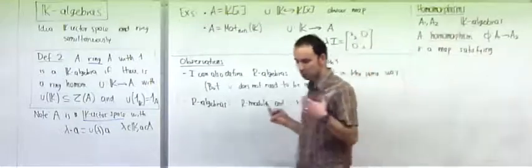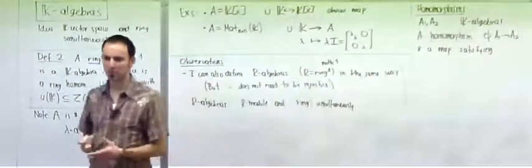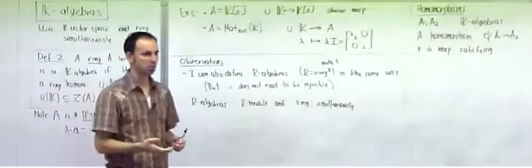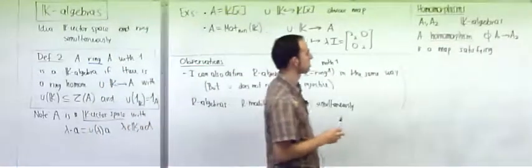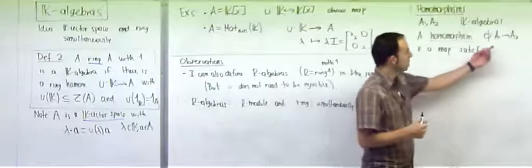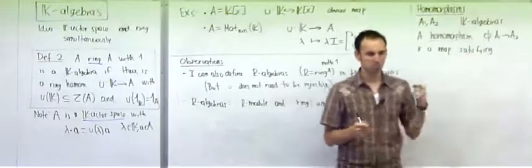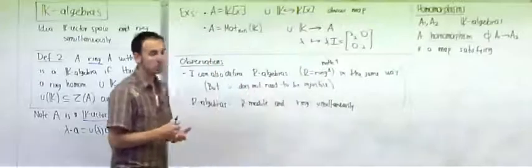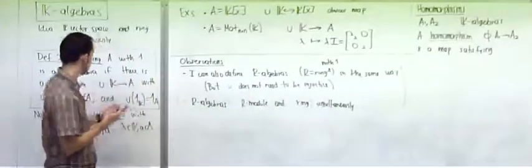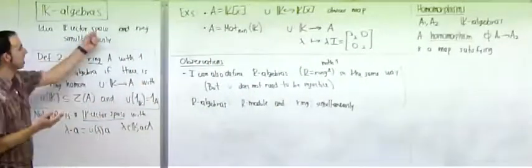We've done this many times with groups, with rings, with modules, and so we know what this should be. Basically, this should be a map that preserves the structure of a K algebra. Now, what is it to be a K algebra? Well, it's to be a vector space and a ring.